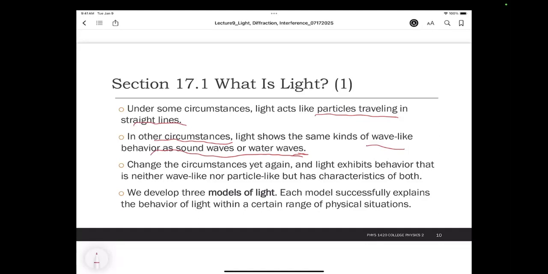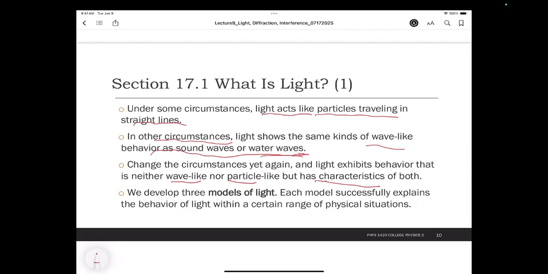Why is it that sometimes light acts like a particle traveling in a straight line, and sometimes it acts like a wave? Because light has both characteristics of a wave and a particle. We say the light has both wave-like and particle-like behavior.